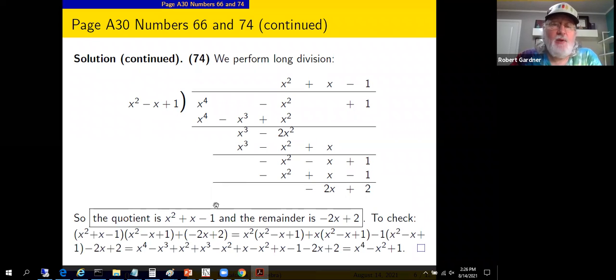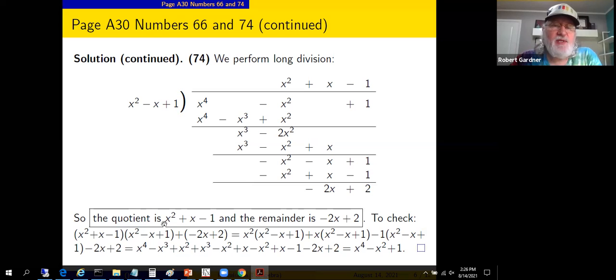To check it, we take quotient times divisor plus remainder. Here you've got to multiply together two trinomials. And you got a way of doing that. Not really. We had a little formula related to the product of two binomials. We could come up with one for two trinomials as well. Probably pretty messy. Let's just distribute. Let's go through this one in its entirety. Here's what we're going to do.